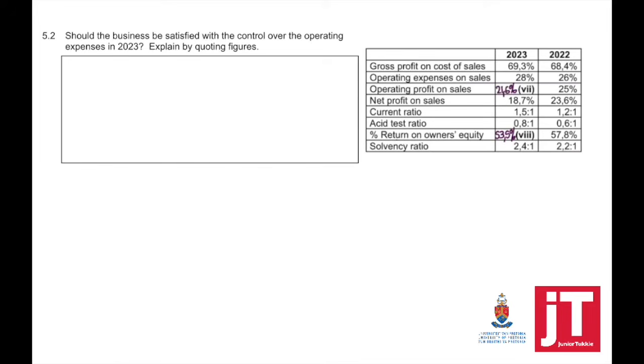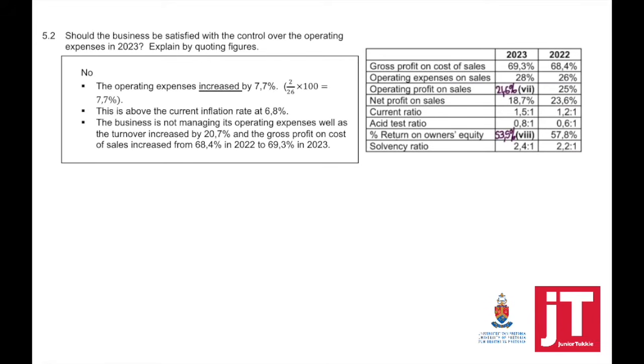Please listen carefully to my wording. It increased from 26 to 28%. We cannot say by 2% because the actual increase would be 2 divided by 26 times 100, which is 7.7%.